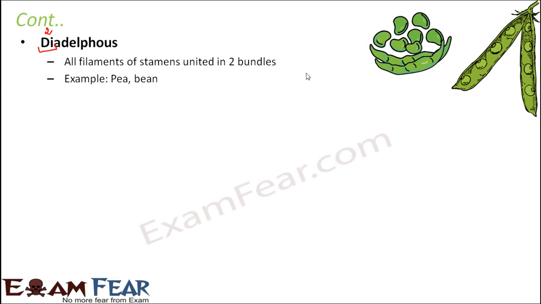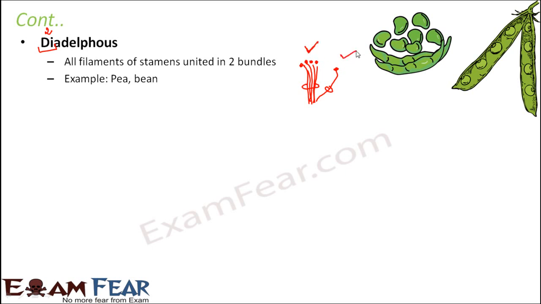So here this is how it will look like. Let us suppose you have several filaments like this. All these filaments will have their free heads, that is the free anthers. These filaments will be in one bunch, whereas some filaments will be in another bunch. So you basically have two different bunches. This is bunch 1, this is bunch 2.